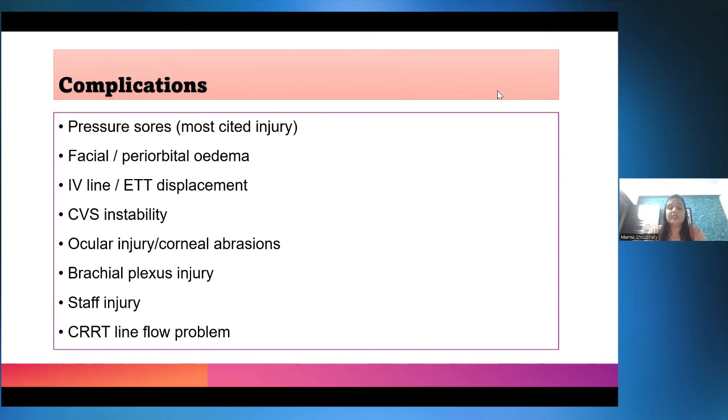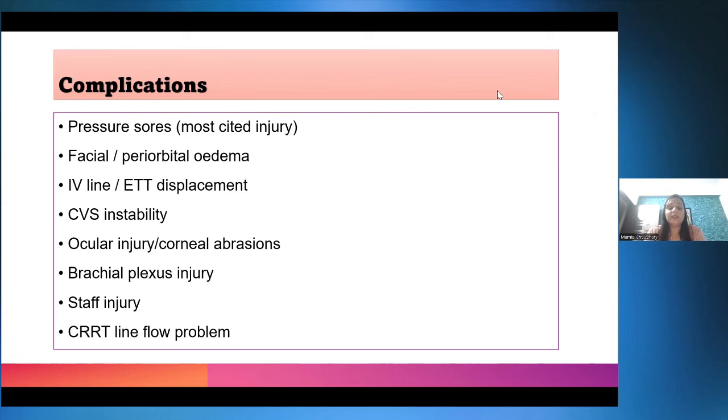Prolonged pressure on these areas, especially with reduced mobility, leads to skin ischemia and tissue necrosis. And there is also difficulty in frequently repositioning the patient. As I told, the patient needs to be kept in a prone position for a prolonged time, and therefore it is difficult to inspect those pressure areas in that position, which makes a person more prone to pressure sores.